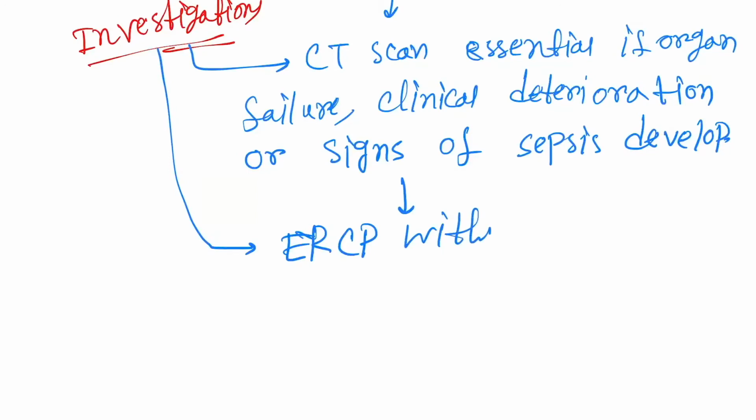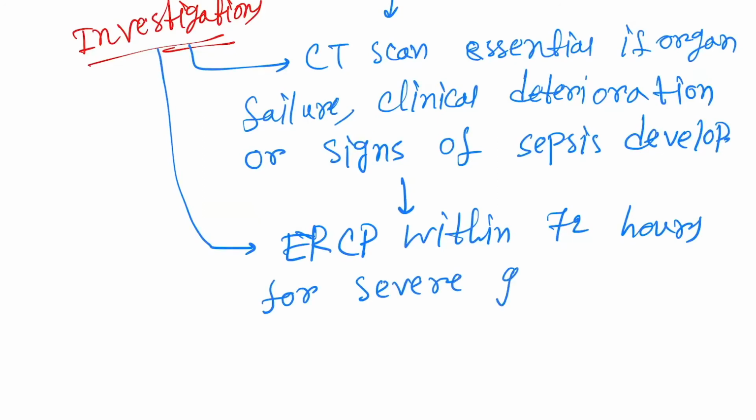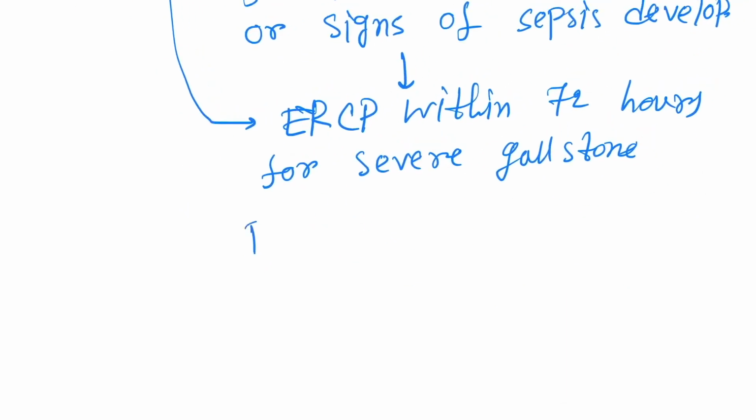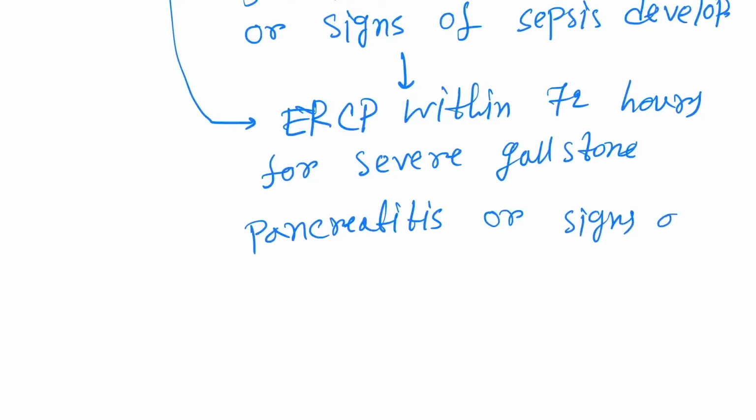The second investigation should be ERCP within 72 hours for severe gallstone pancreatitis or signs of cholangitis.